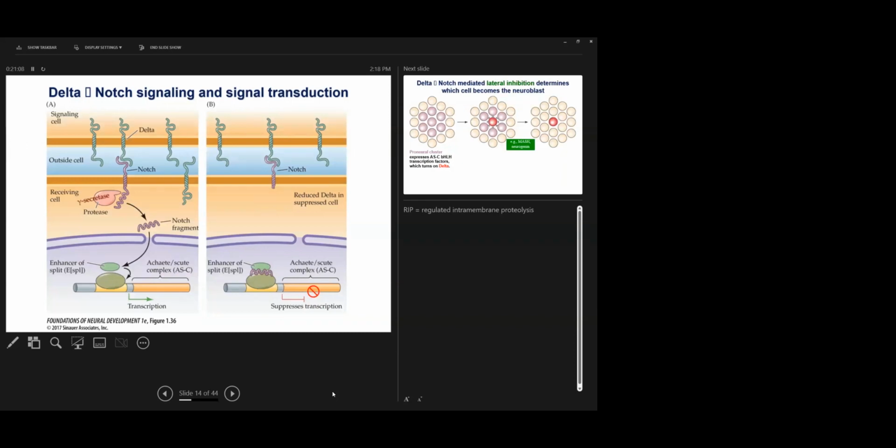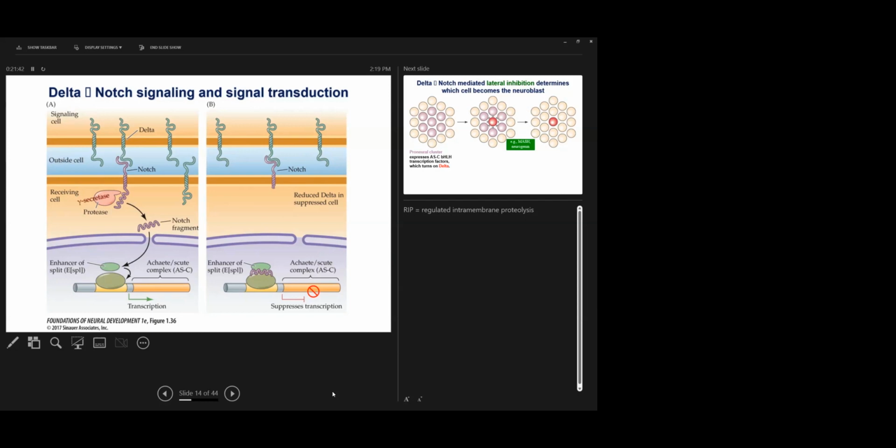So quickly, I'll go through the Delta Notch signaling pathway and how it specifies the neuroblast in Drosophila. This is a normal scenario, and this is another scenario where you have reduced expression of Delta in the suppressed cells. There are two cells, one expressing Delta, which is the ligand, a transmembrane ligand, and the other has Notch.